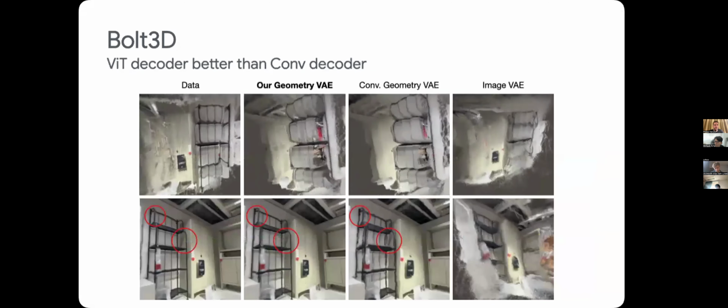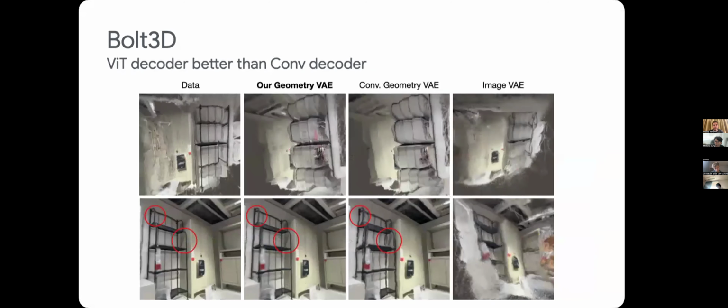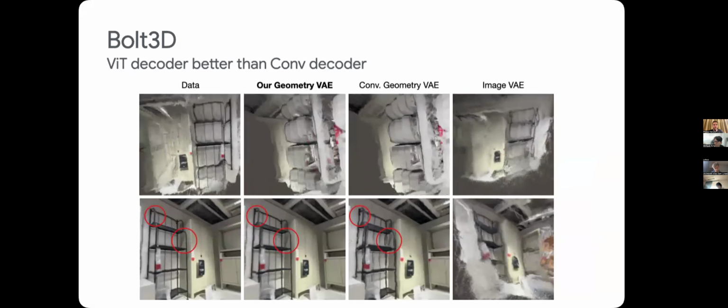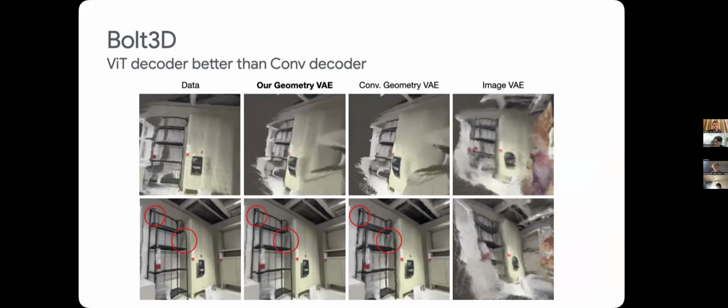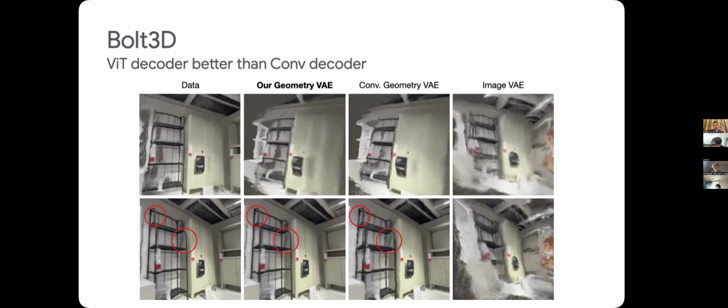Another interesting insight that I would like to share is that we found that the decoder in the VAE for XYZ data actually needs to be a transformer, even though quantitatively, a convolutional decoder performed similarly to a transformer decoder.